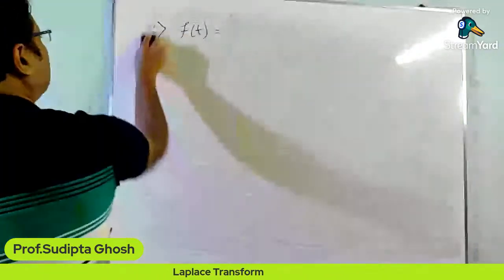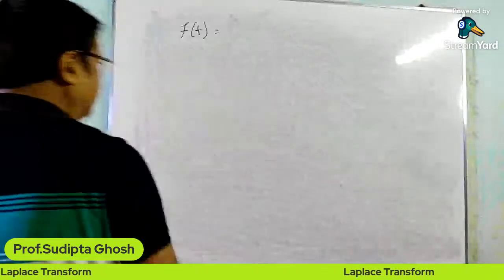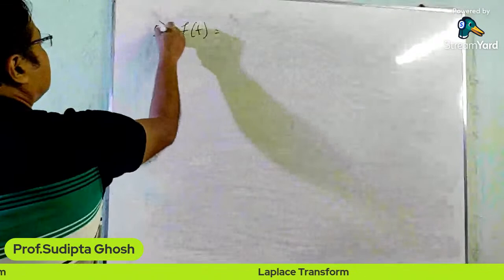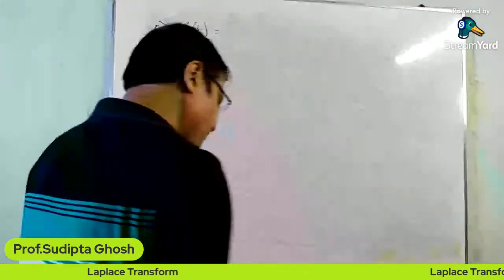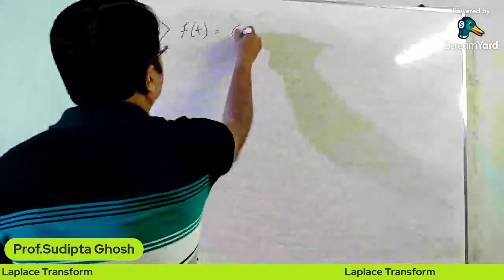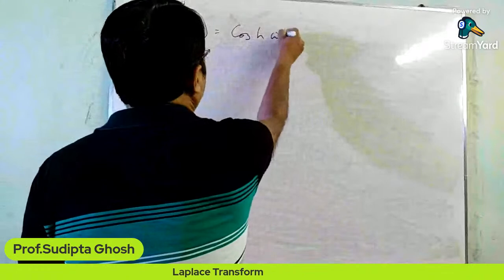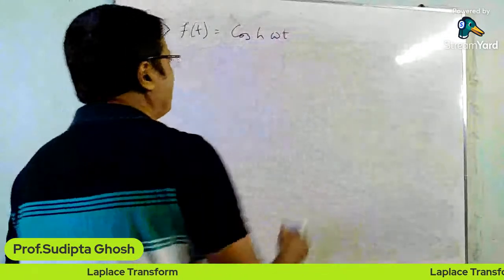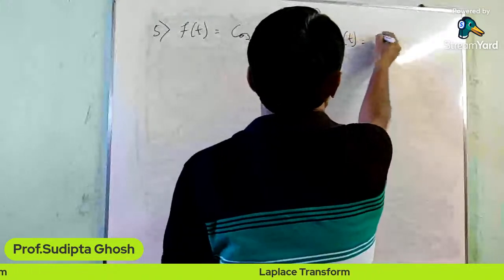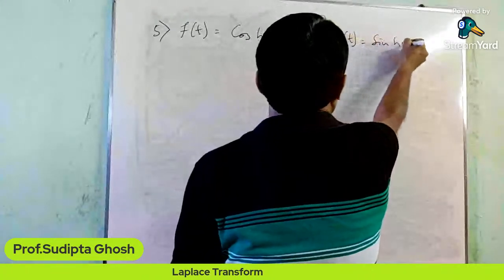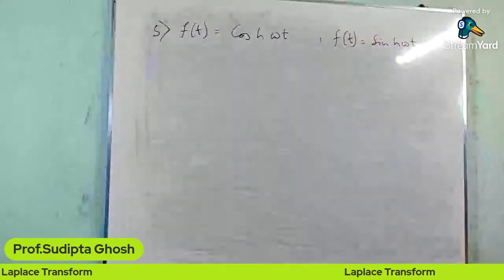So let's move on to derive f of t equals cos hyperbolic omega t. So this is the form, or we can go through f of t equals sine hyperbolic omega t. Right. So these are the functional forms.